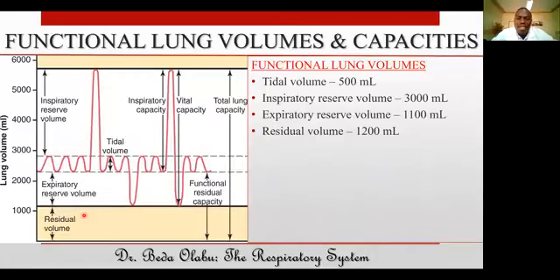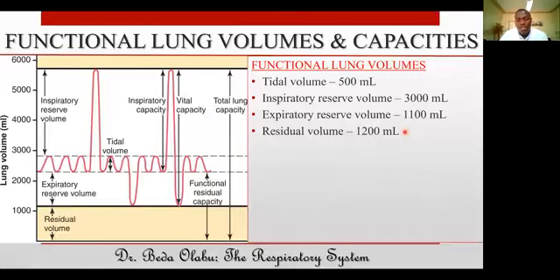So if you forcefully exhale air, you don't really finish everything. There'll be some volume of air that remains. That's the residual volume. It's about 1.2 liters.